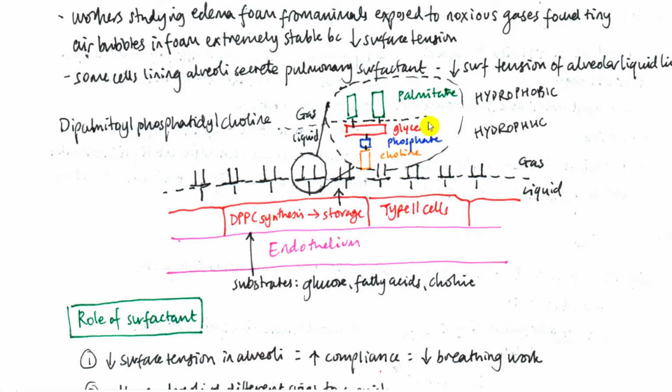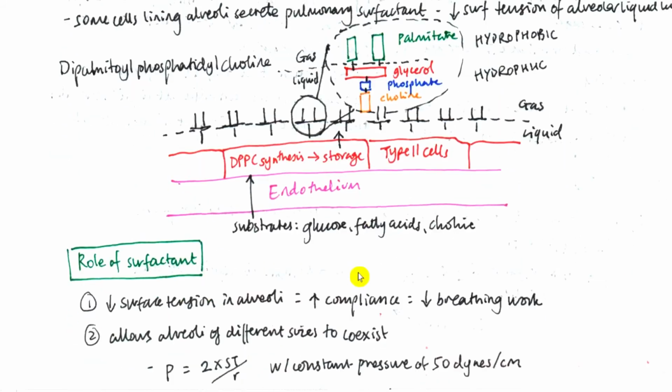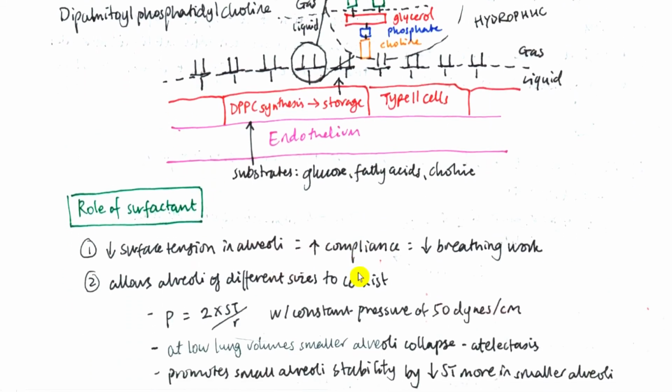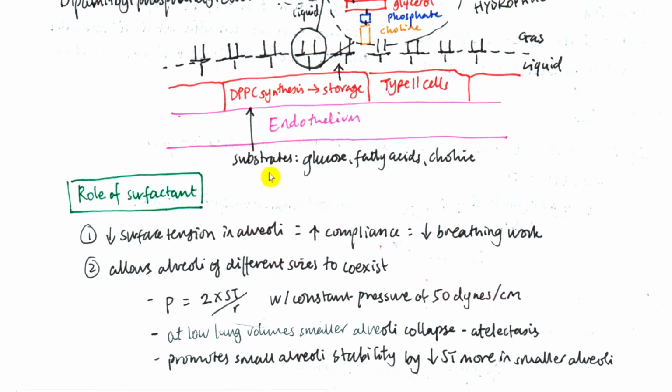This part is charged, has a phosphate, a positively charged choline as well, and a glycerol, and these two palmitate chains of hydrocarbons are hydrophobic. So it's a bit like a detergent. It has a hydrophobic and hydrophilic end, or an emulsifier, if you know what that is. And the substrates used to produce this chemical, DPPC, are glucose, fatty acids, and choline.